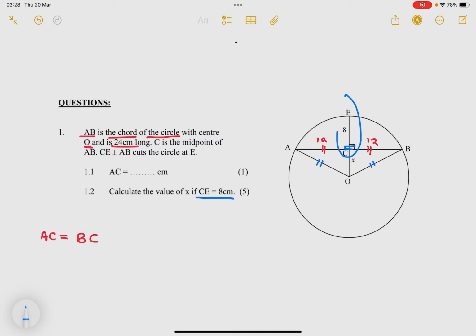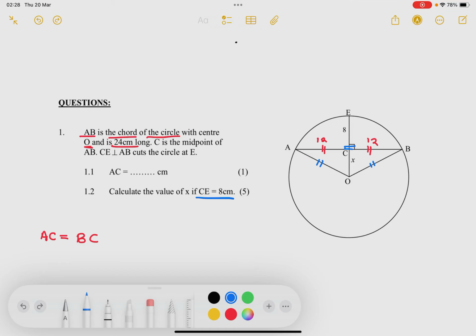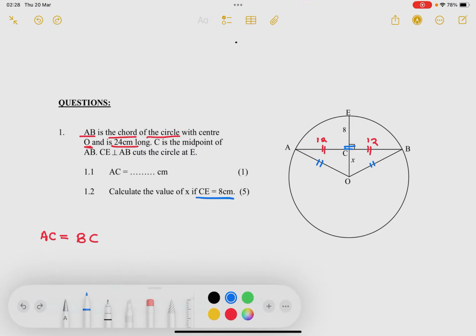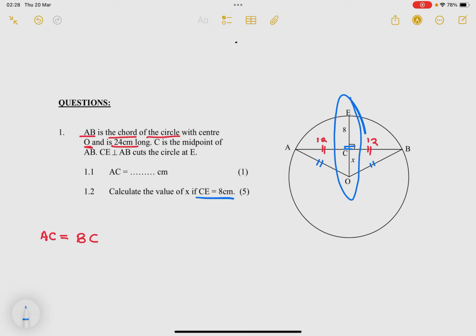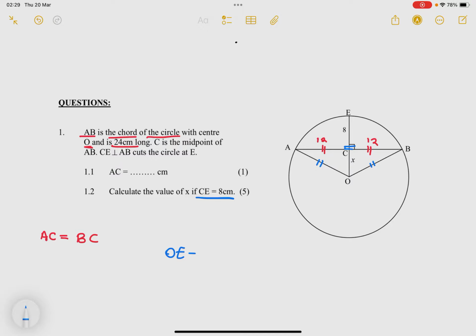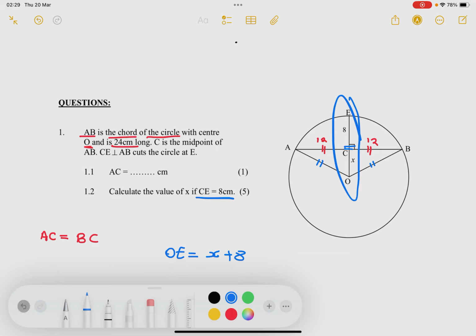This is CE, do you see it? And we are being told that OC equals X. So in other words, this entire line of OE actually equals X plus 8, isn't it? Like this entire line, it's X plus 8.